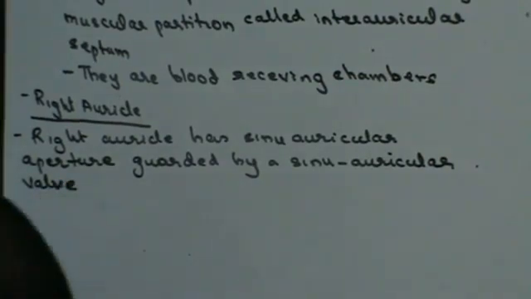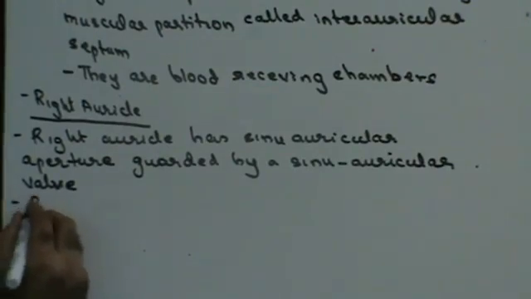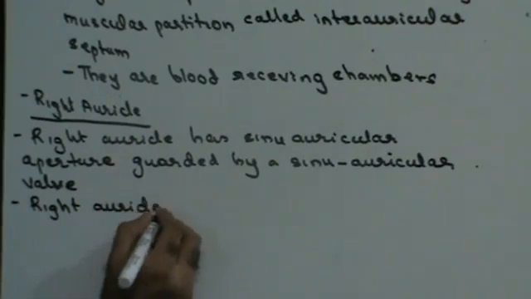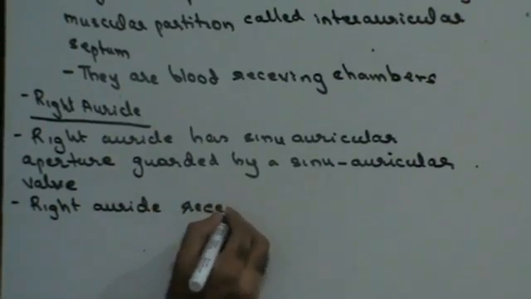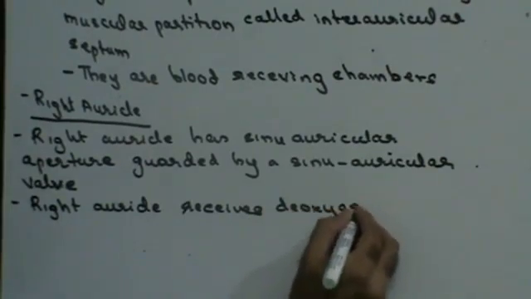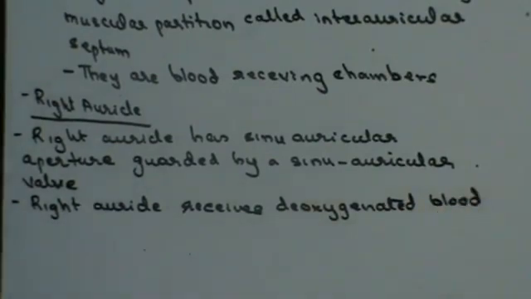Fine. The right auricle receives deoxygenated blood through the sino-auricular apparature.